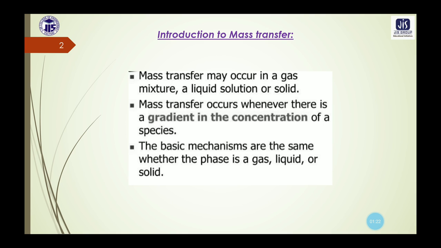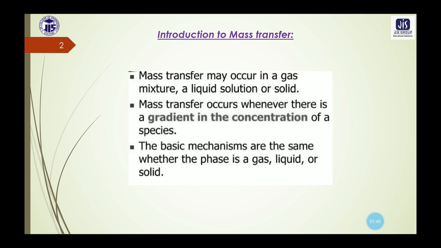So this mass transfer may occur in a gas mixture, a liquid solution or a solid. It occurs whenever there is a concentration gradient of a species. So what is this concept of mass transfer actually?